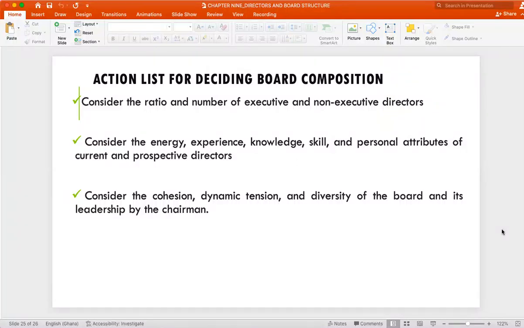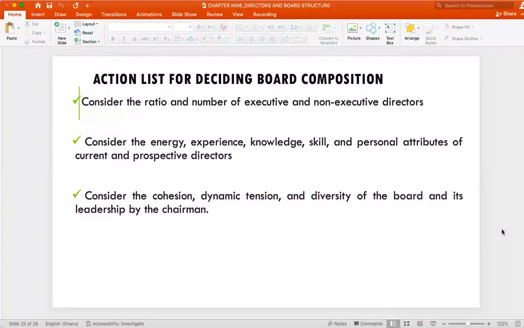So there could be other considerations. But if there are no legitimate considerations, then that becomes an example of the last point that we're trying to explain, where you merely want to show that your board is diverse, and therefore you are tempted to even appoint people that may not have any qualifications onto the board, okay?